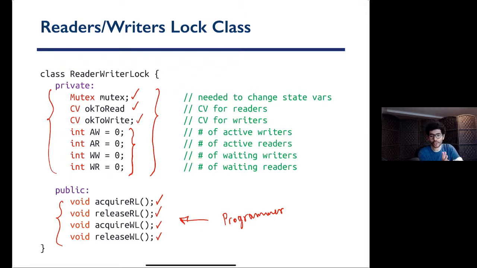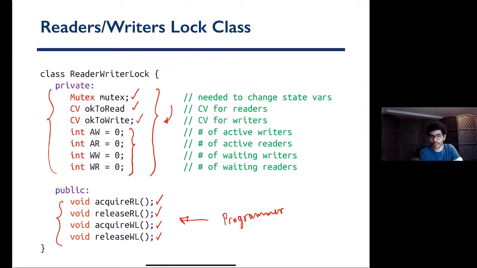So there are two critical sections in this case. One critical section is for the programmer when they want to access the database. So the database is the critical section, the data that you want mutual exclusion for. That's for programmers. We don't care about that. For us, the critical section is whenever we want to change the state of this lock.